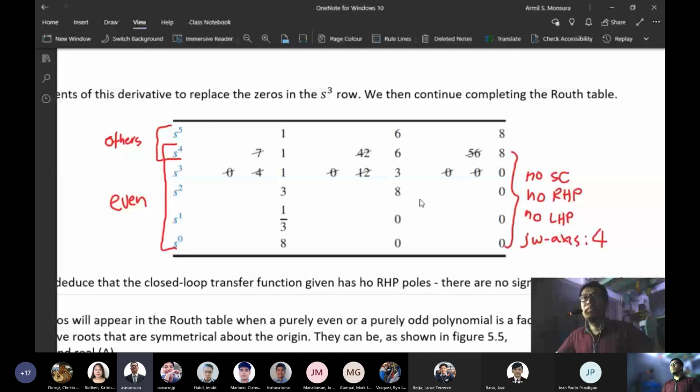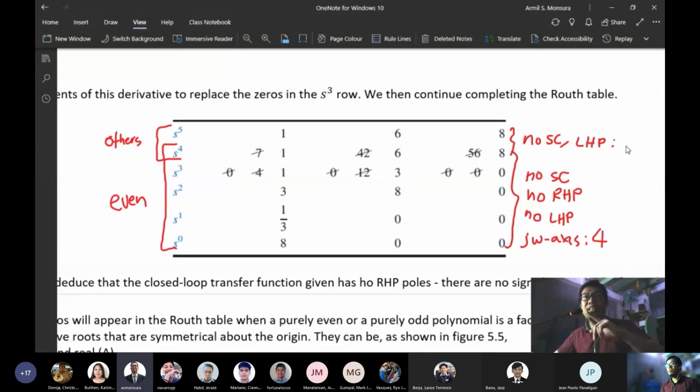That is for the even. Ngayon, yung others, we interpret it normally. Sa others, wala kayong sign changes. Ibig sabihin, wala kayong right half plane pole. Lalabas ngayon, yung pole nyo nasa left half plane.